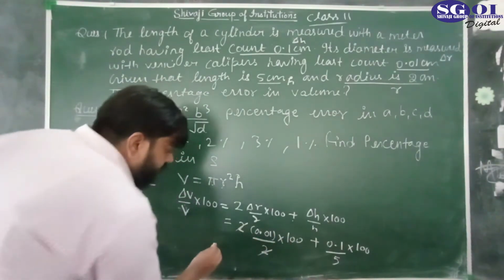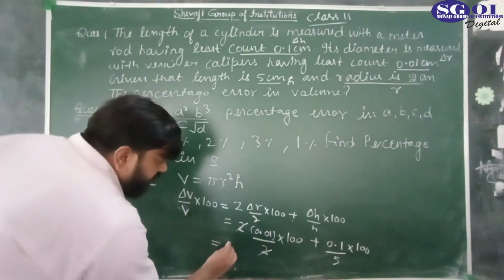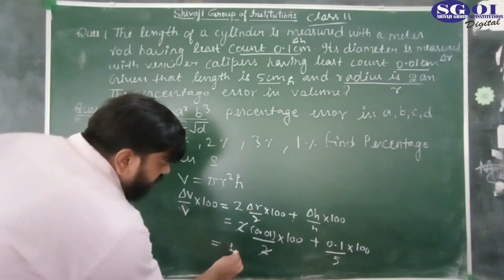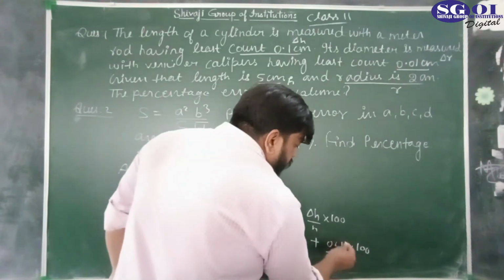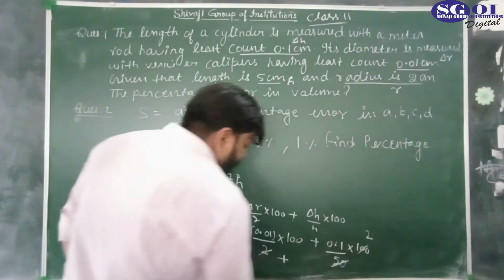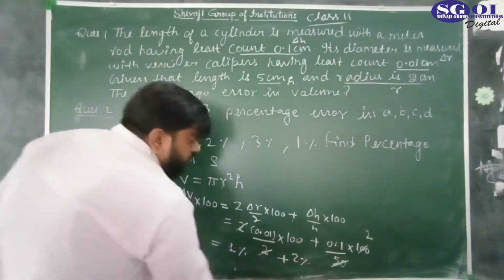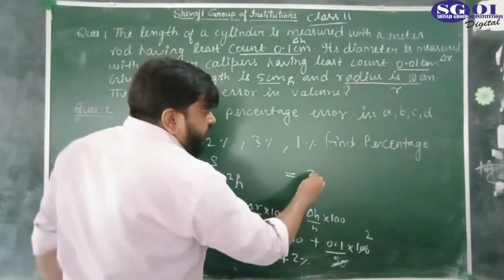So it would be 0.5% plus 2%, so the final answer would be 2.5%.